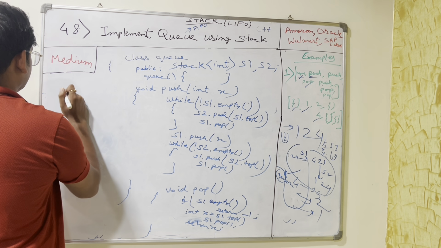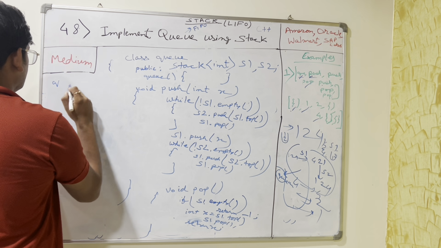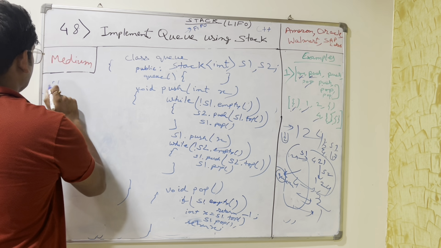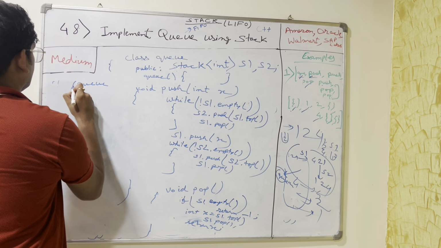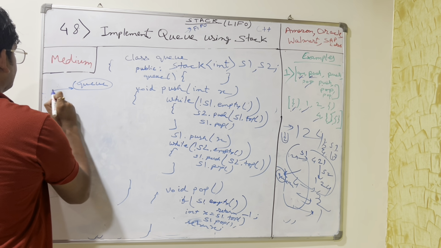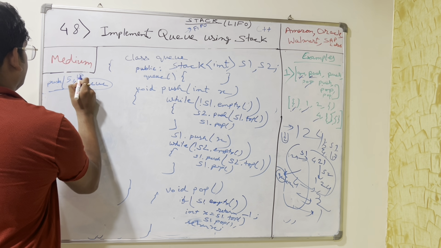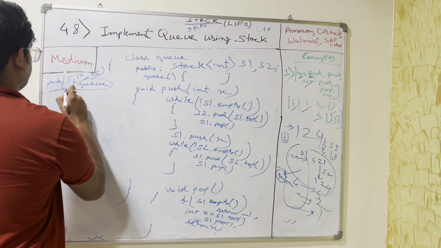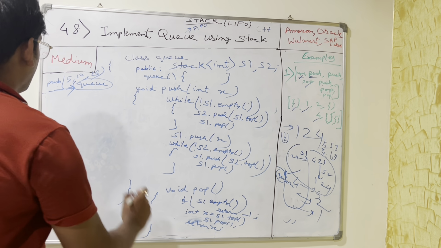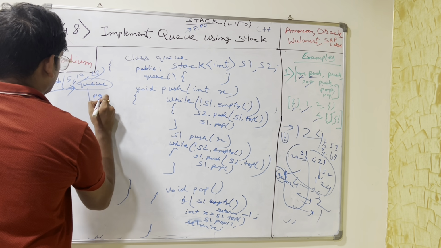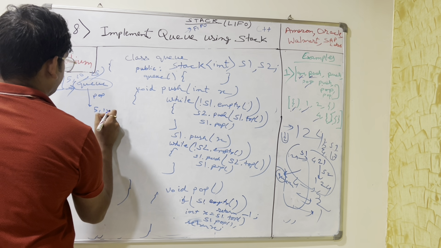If we have a queue, in this queue we get elements as pushed: 5, 10 and 15 have been pushed to the queue, and if we pop out it should give 5, 10, 15, right?